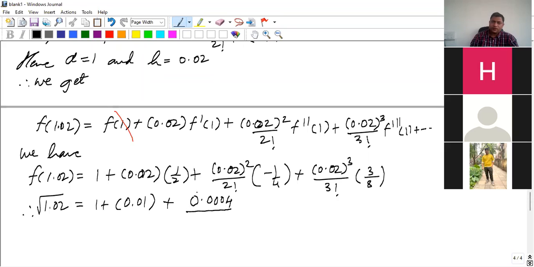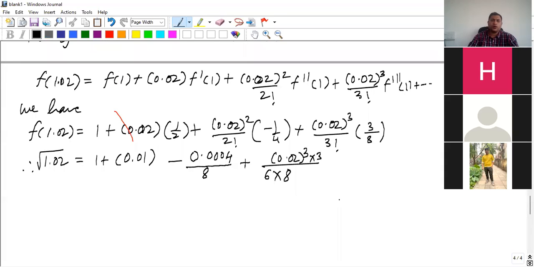Okay, and then this has to be minus, as we have minus here. This 2 factorial is going to be 2, into 4 is going to be 8. So we write here 8, and this is plus. Here you'll be having 0.02 cubed upon 6 into 8, and this is 3.